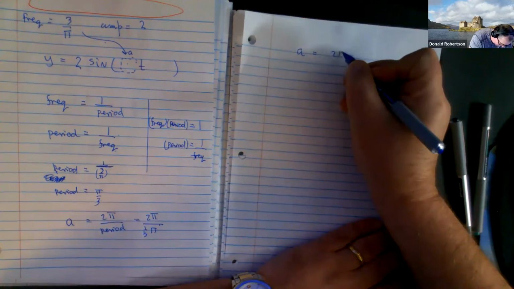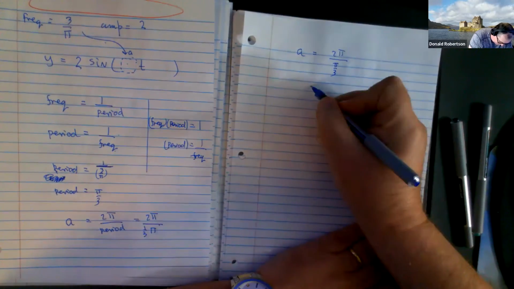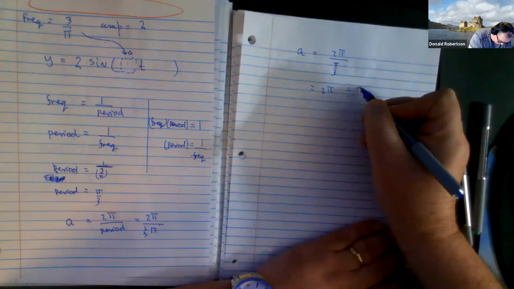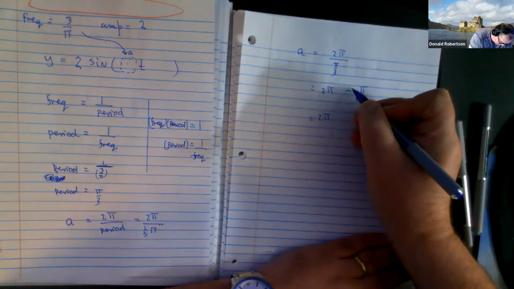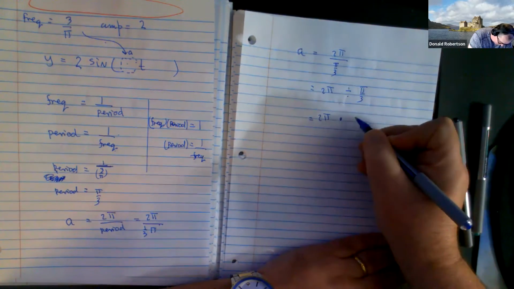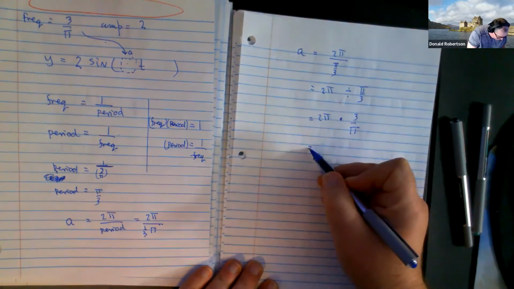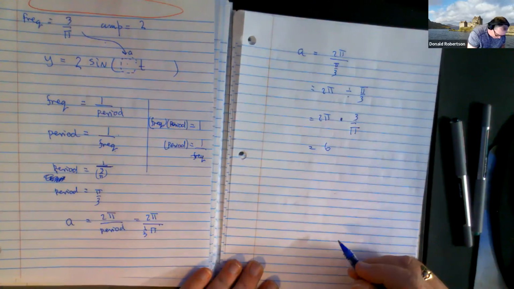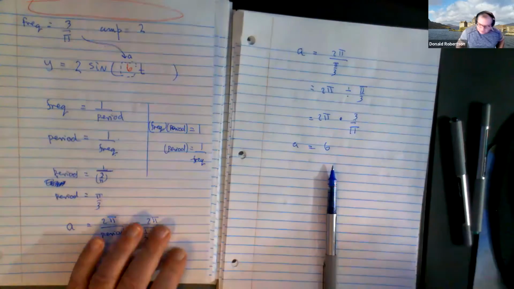So the missing number here, A, is 2 pi divided by that guy. If you want to divide by something, don't you multiply by its reciprocal? And 3 times 2 gets you 6. We finally got the missing number, 6.